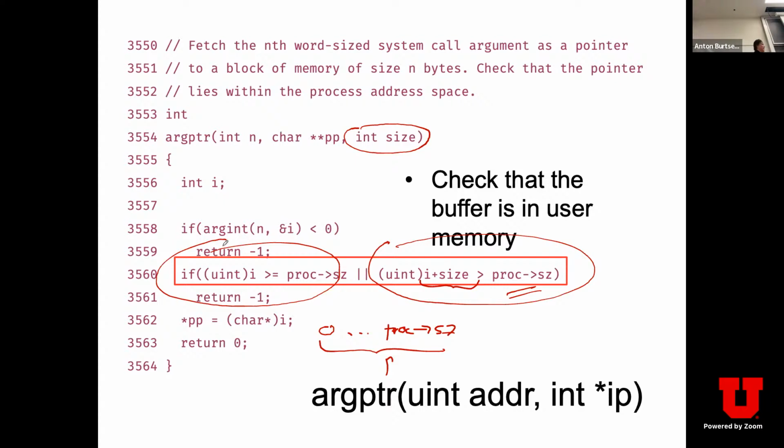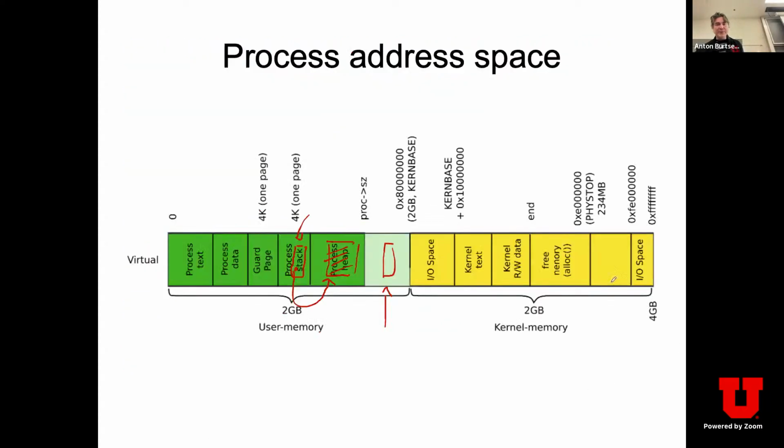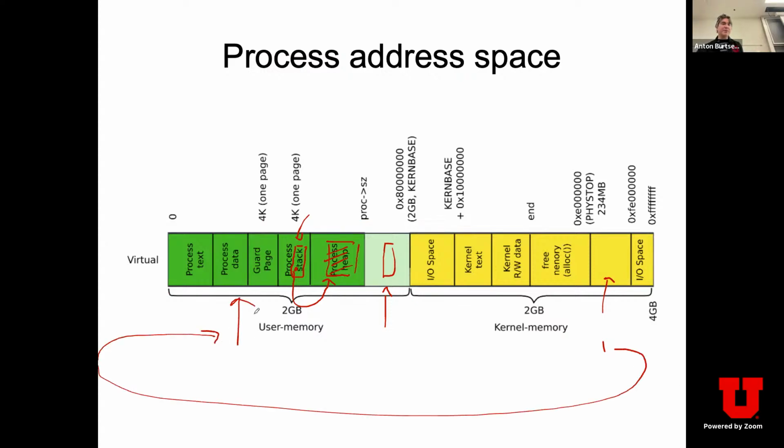Trickery of kernel programming. Google interview. Correct. It can wrap around. So if this i, for example, points to somewhere here, i plus size will be wrapped around and points to the user address space. So that's why they say, hey, hold on.